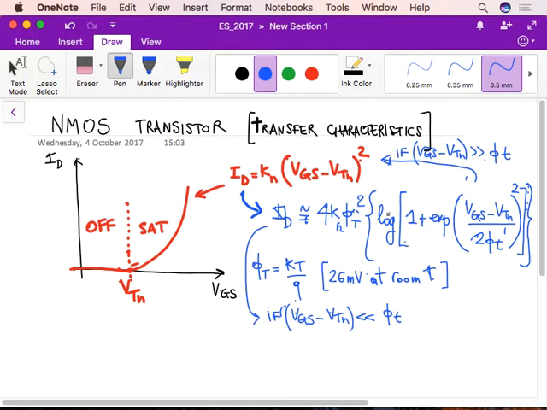So this means that the current is just proportional to this exponential. So this is what we obtain, a current which is proportional, for simplicity eliminating all the constant quantities, to the exponential of (VGS minus VTN) over 2 phi t.